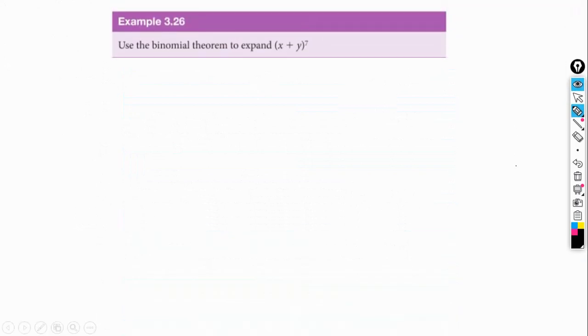So here we are in example 3.26, and it says use the binomial theorem to expand x plus y to the 7.